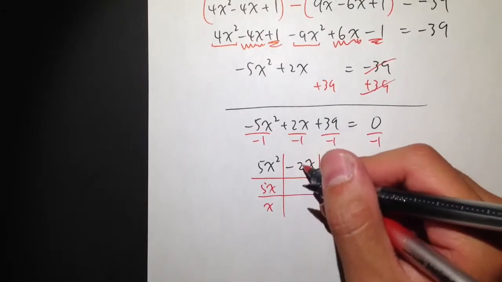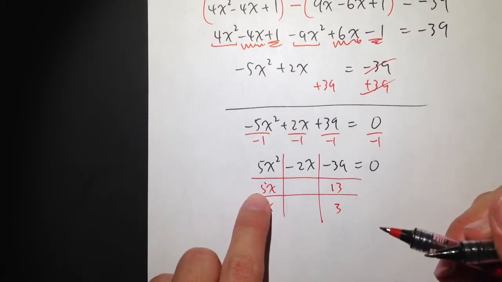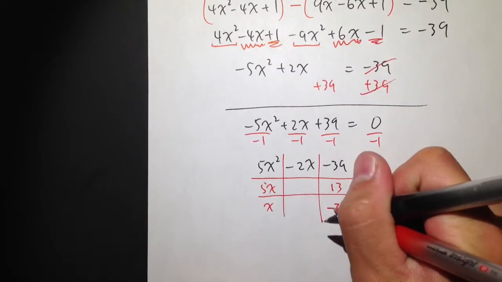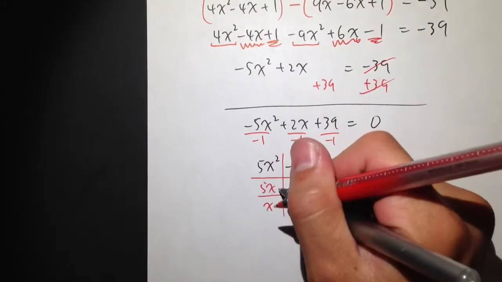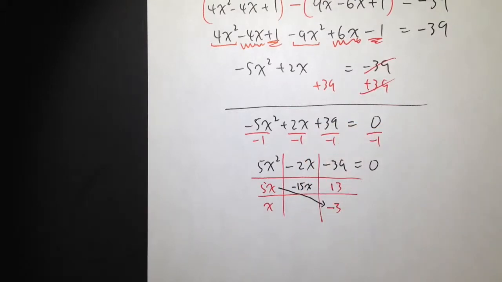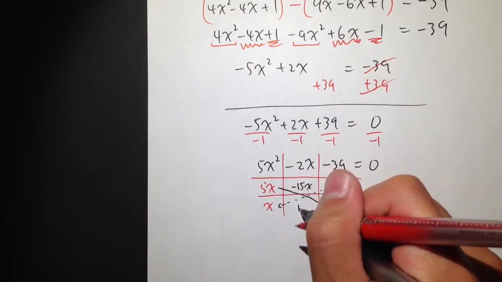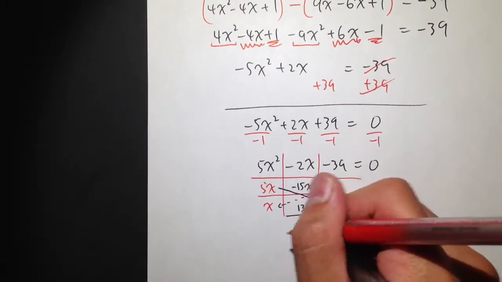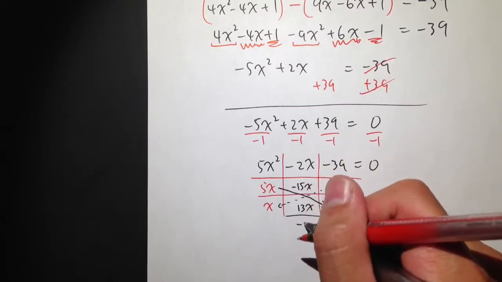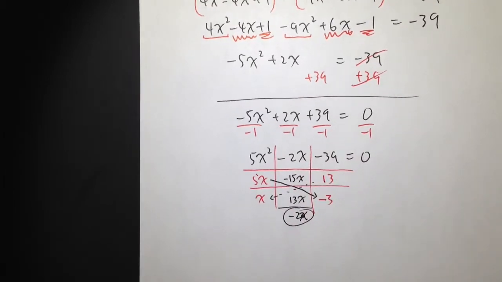We can take a look at the middle term. We need to end up with negative 2x. If I have the 3 as negative, 5x times negative 3 gives negative 15x, and 13 times x gives positive 13x. When we combine these two, negative 15x plus 13x, we end up with negative 2x. That's my middle term.